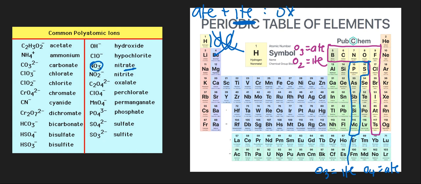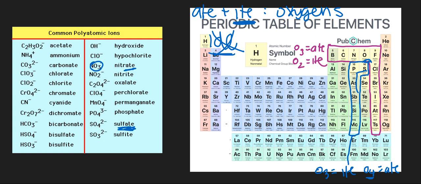This has oxygens in it. -ide does not. If we take another example, the sulfate that we were looking at earlier, you can see that it's in the second one over here. -ate has O4 in this one. So that's how you remember the -ates versus the -ites. This doesn't work for something like acetate. That doesn't work out with this trick, but a lot of other ones do.